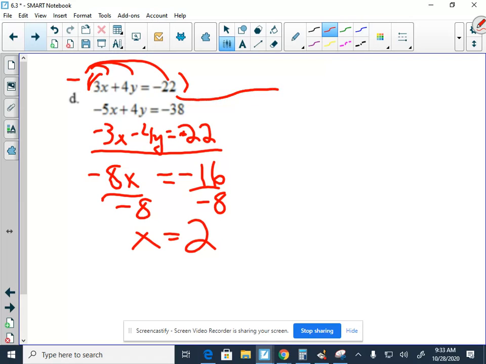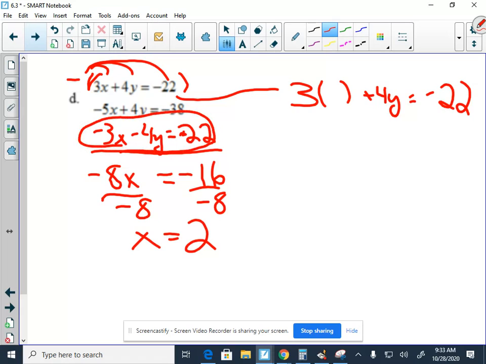Now I'm going to use this original equation. The original equation is 3x plus 4y equals -22. So notice, you can use this one if you want. You could use the one where it's negative, and a positive 22. It doesn't matter. You could use any of these. But I'm just going to use that original top one. And then 3 times 2 is 6 plus 4y is -22.